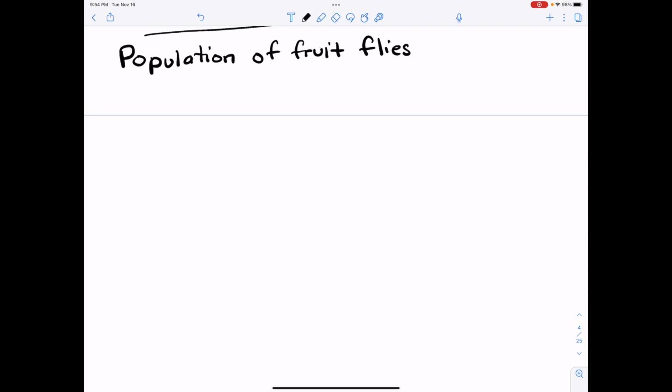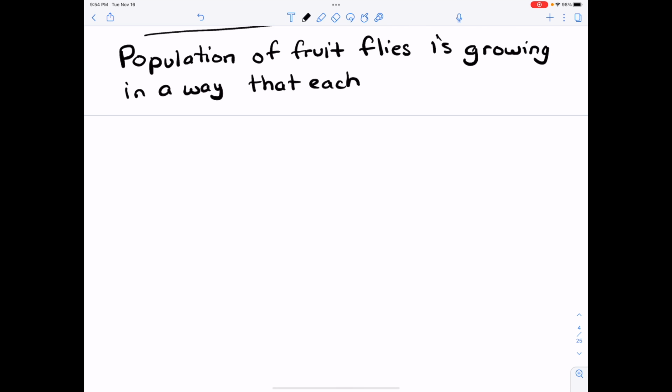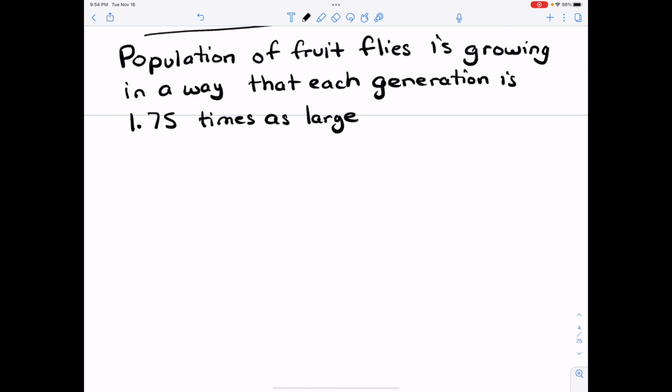Population of fruit flies is growing in a way that each generation is 1.75 times as large as the last generation.